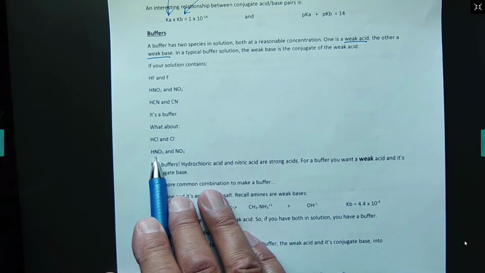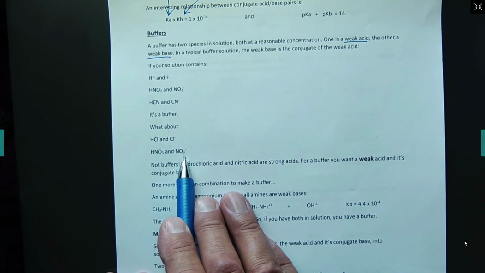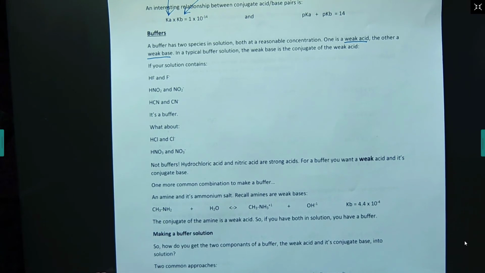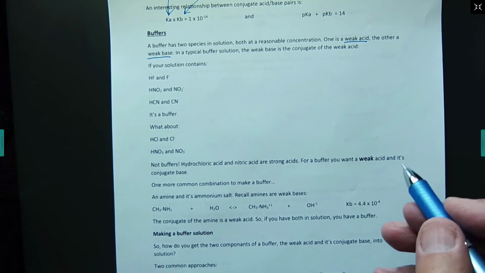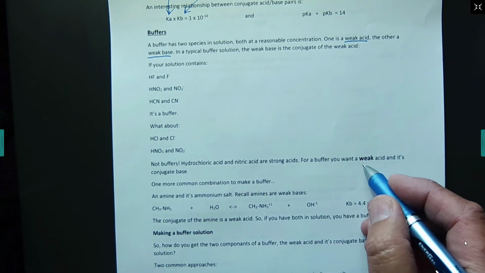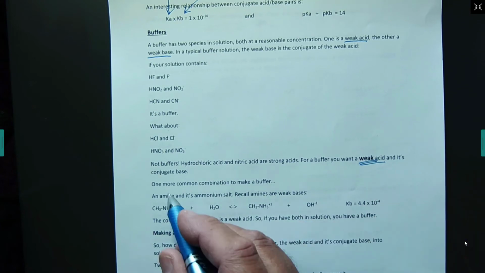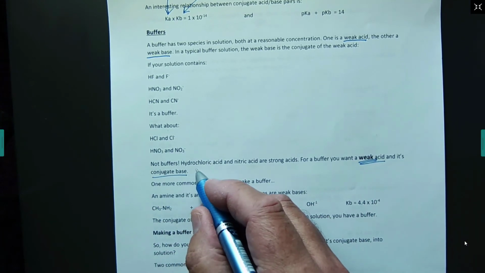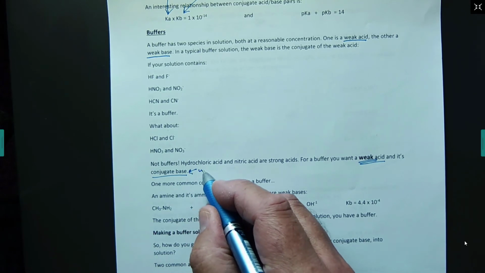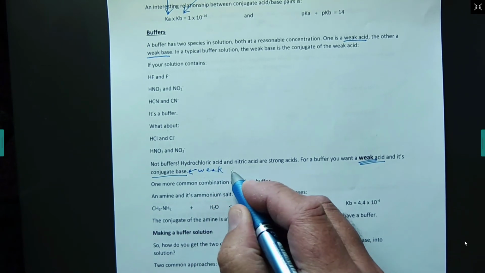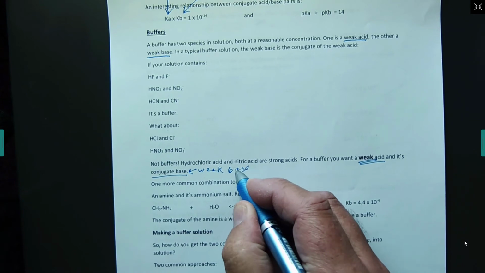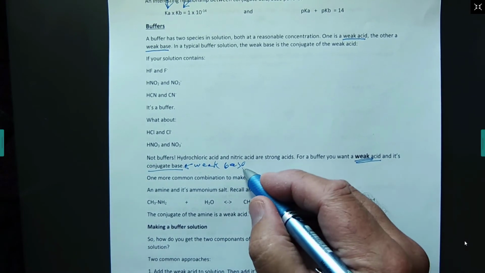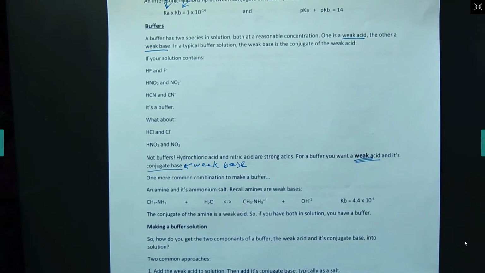If I had nitric acid and nitrate, nope, not a buffer. So for a buffer, it's got to be a weak acid and its conjugate base. That conjugate base, of course, acts as a base. So you got to be in that realm of weak acid, weak base to be a buffer.